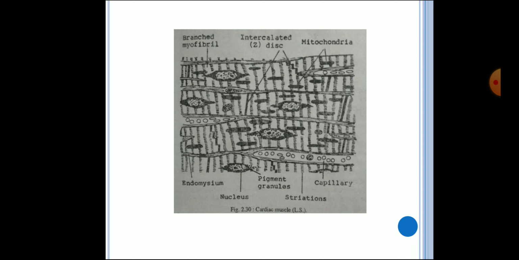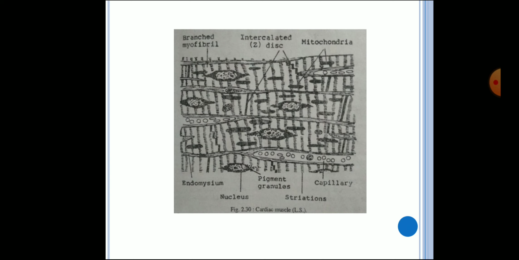Purkinje fibers, as compared to ordinary cardiac muscle fibers, are larger in diameter and contain more sarcoplasm with few myofibrils. They show central nuclei and intercalated discs.